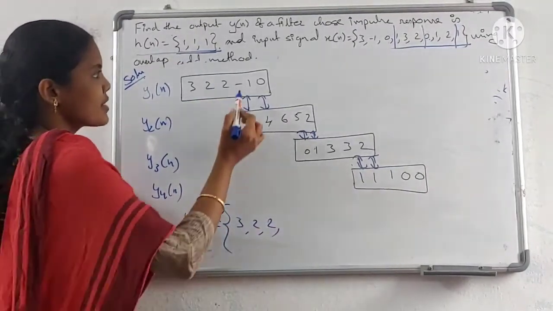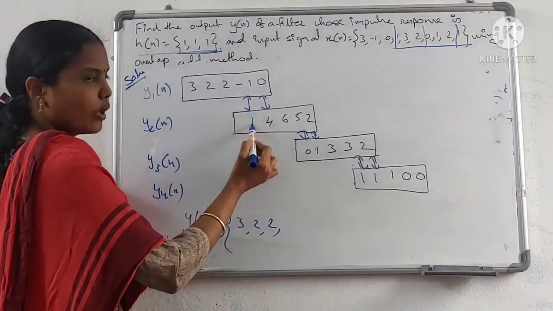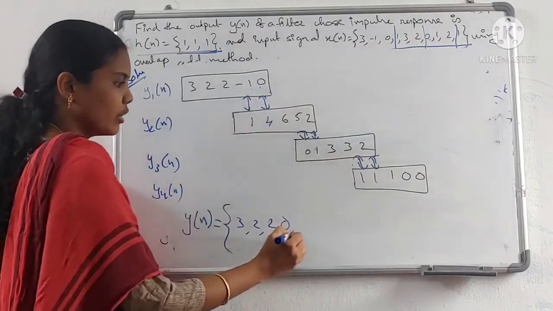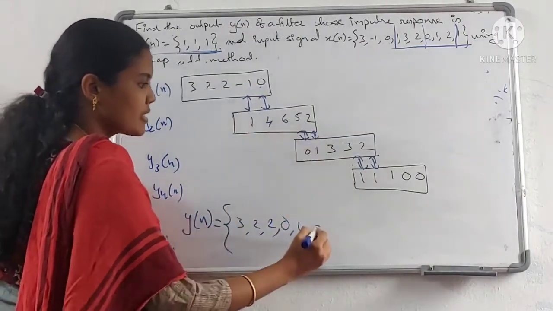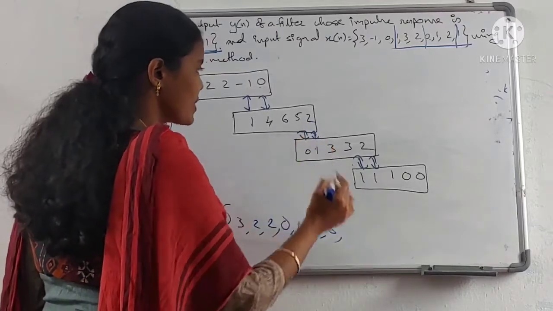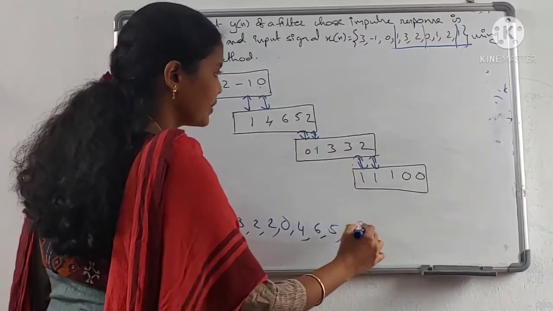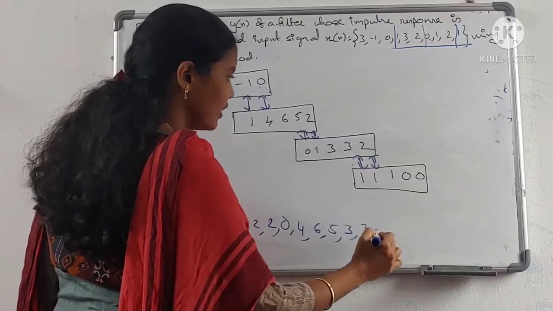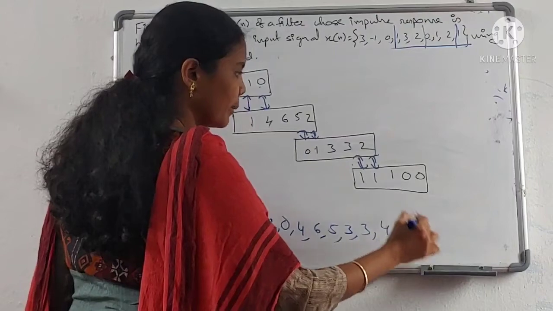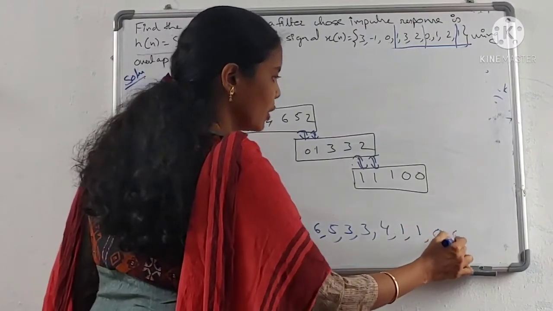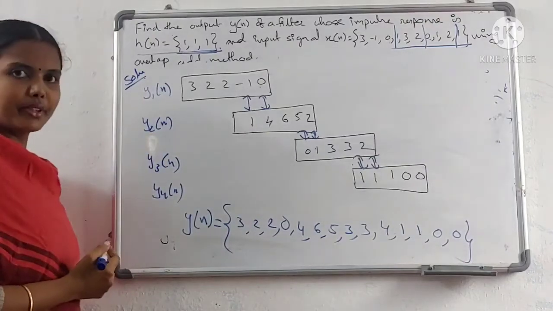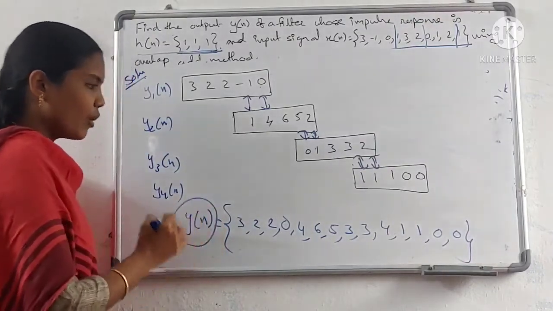Next one is minus 1, which is added to 1, giving 0, and 0 added to 4 gives 4, and the remaining bits are 6, 5. Next one is 2 plus 1, 3. Next 3 plus 1, 4, 2 plus 1, 1, and the remaining bits 1, 0, 0. So this is the overlap add method, the total output y of n.